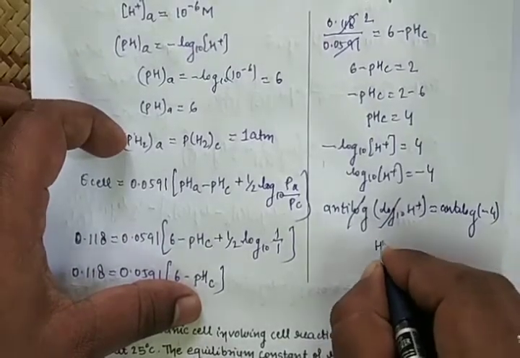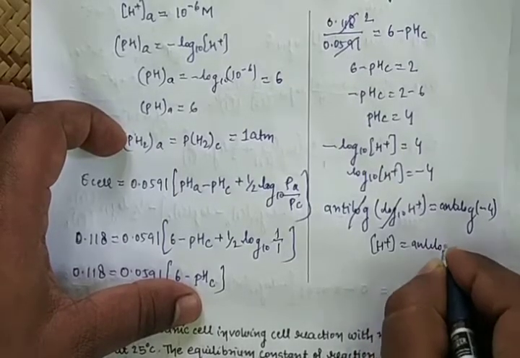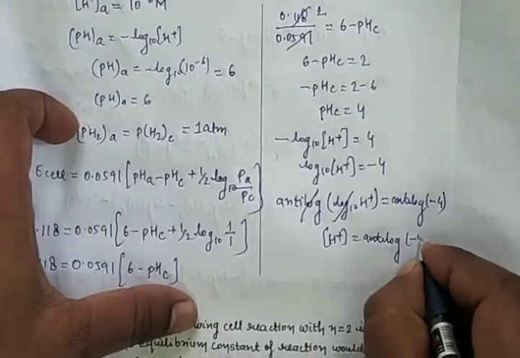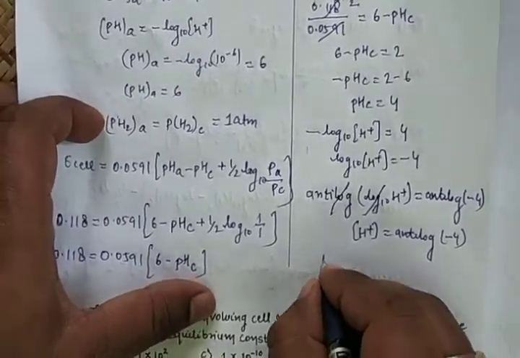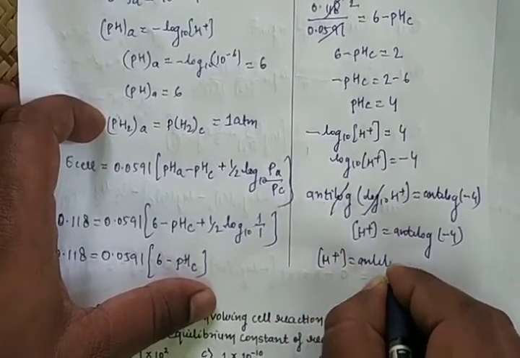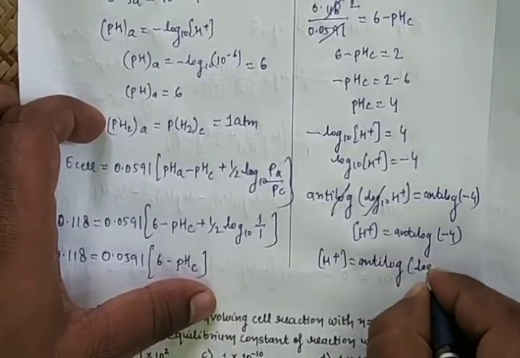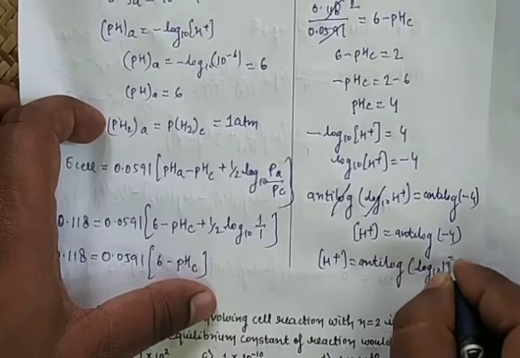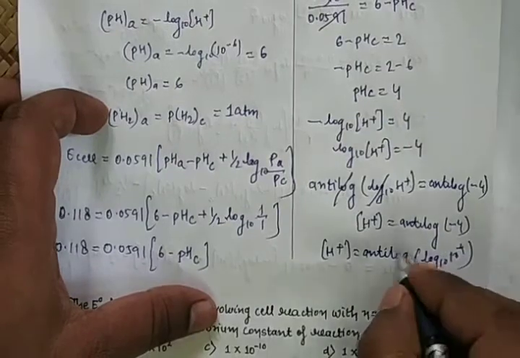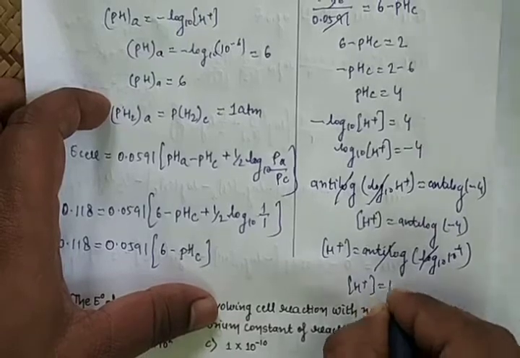So the H+ concentration is 10 to the power minus 4.